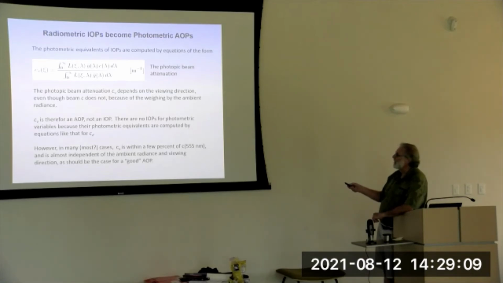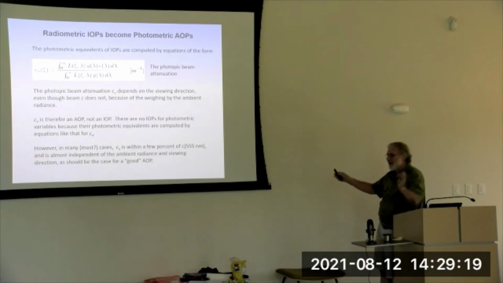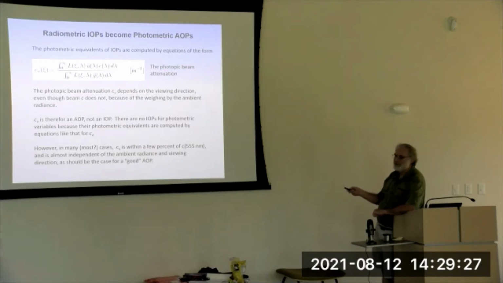So this still has units of per meter, but it's now been integrated over all wavelengths, or effectively you can integrate from like 400 to 700 because outside that range is 0. And this is called the photopic beam attenuation. So notice it depends on the viewing direction.